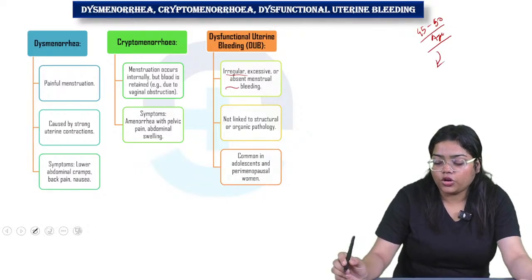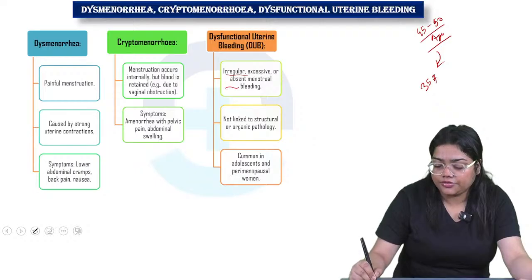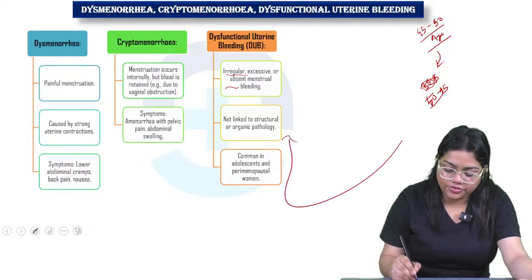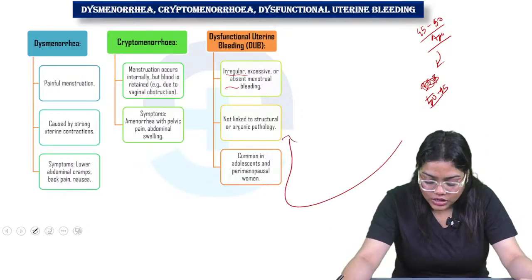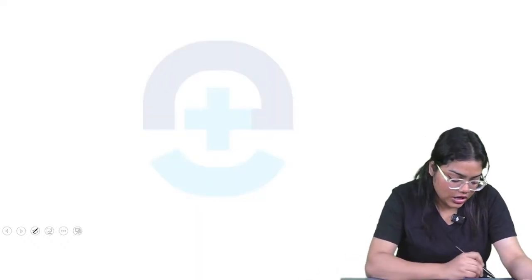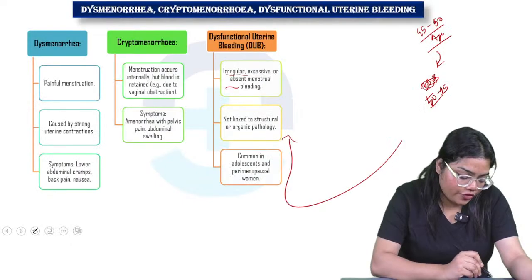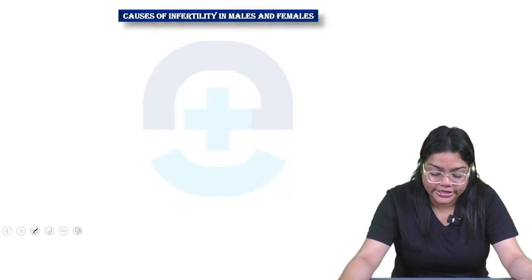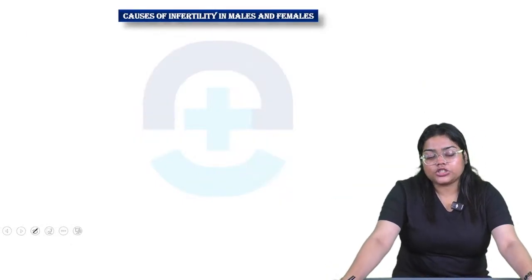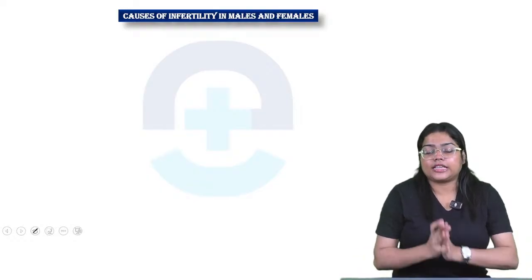So before that, from the age of 35 or 37, or maybe from 40 to 45 years of age, they will face this kind of thing. Okay, so this is called dysfunctional uterine bleeding.